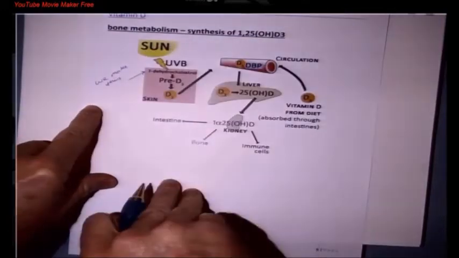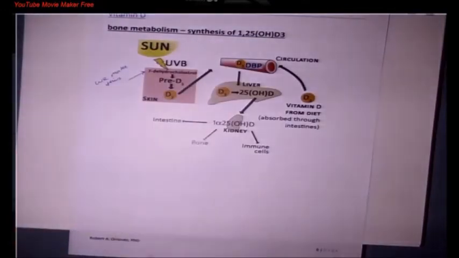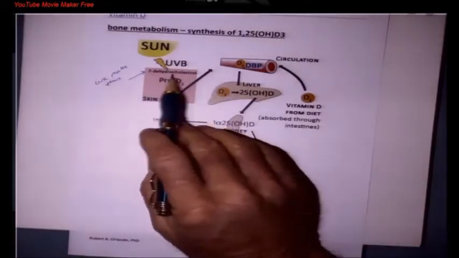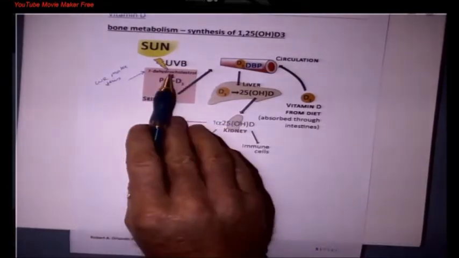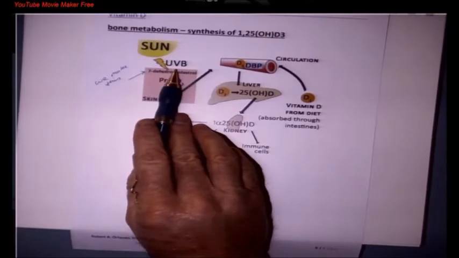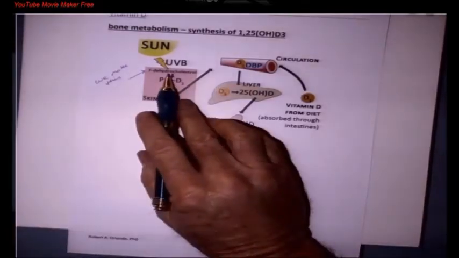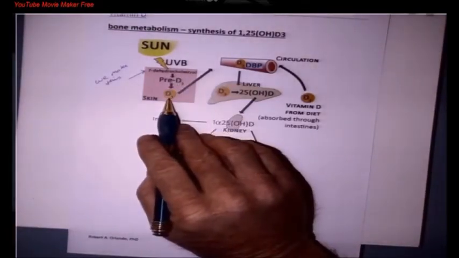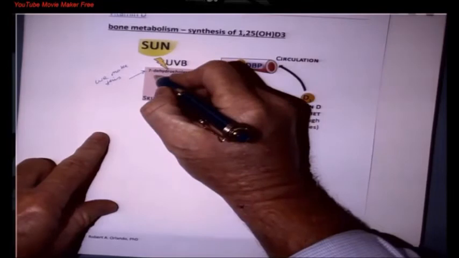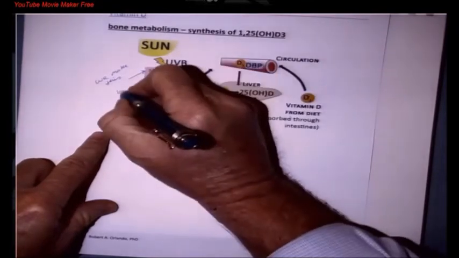Now, that is of no value to us until we hit that cholesterol molecule with ultraviolet rays. Hence why we need a little time in the sunshine. That's going to convert that cholesterol into vitamin D3. And essentially, all this is breaking the ring.